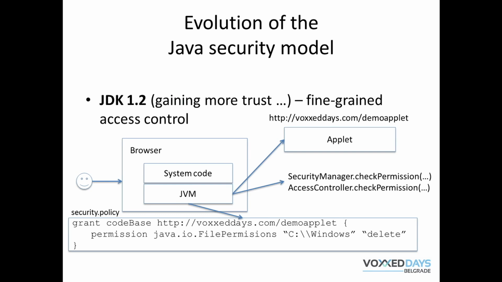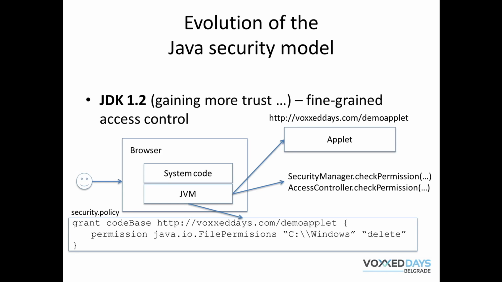So now, in JDK 1.2, a new model was introduced that's still being used in the JDK platform. And that model specifies that we have a particular code source. This is the location from where the applet is loaded. In that example, we have a simple applet that's being loaded from voxdays.com/demoapplet, and that's the location of our applet.